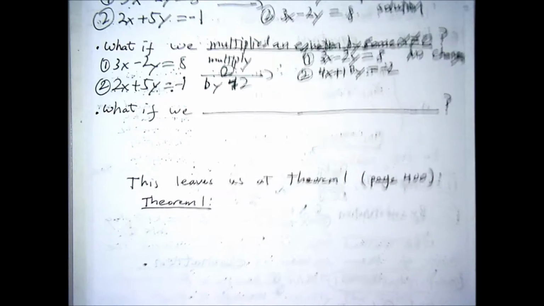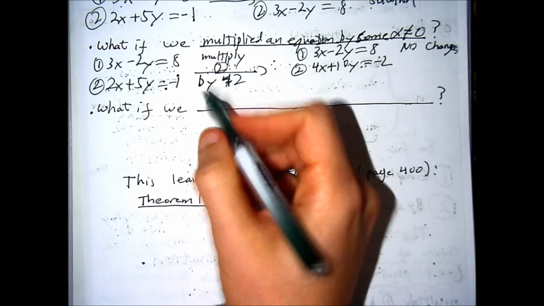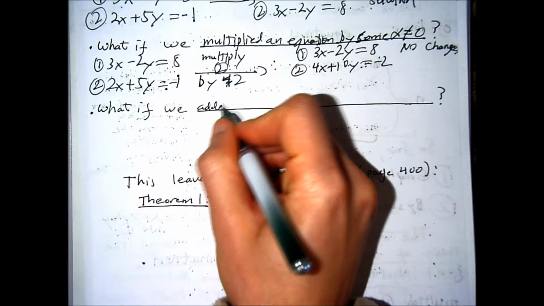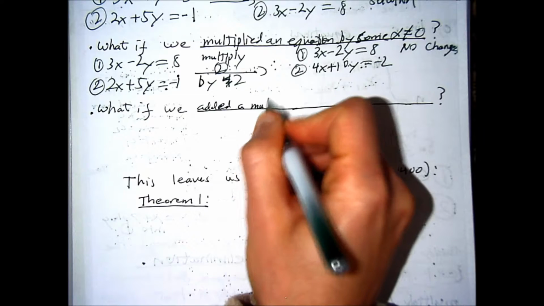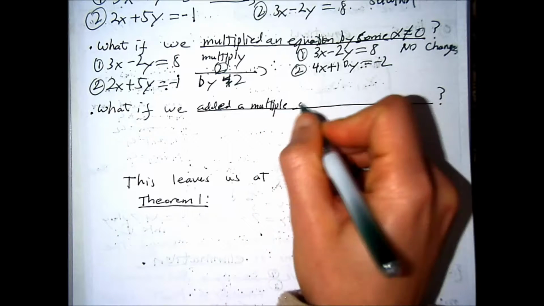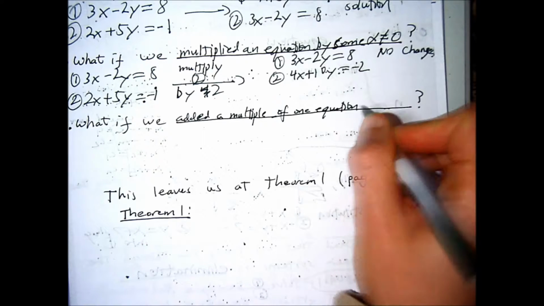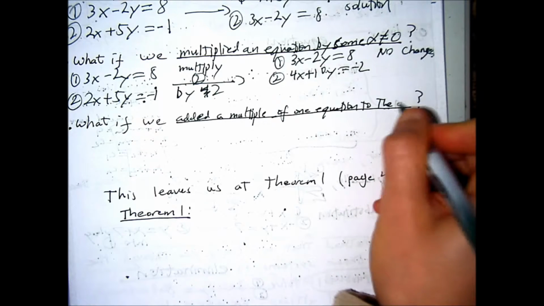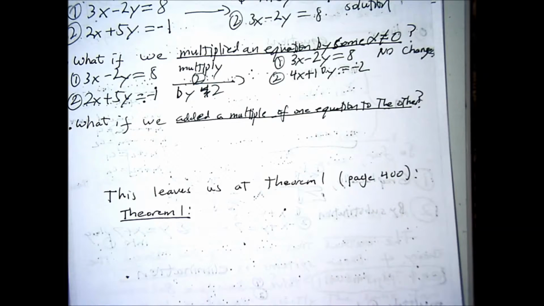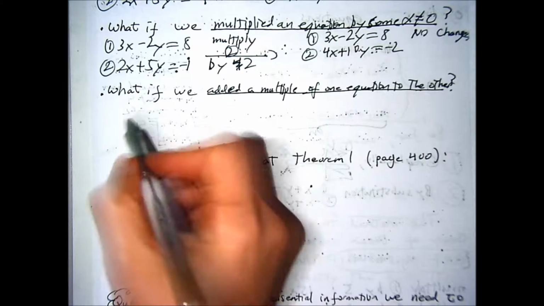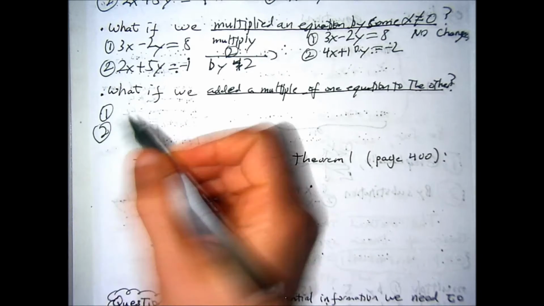All right. What if we added a multiple of one equation to the other? Which is really what we did. I can take equation 1 and equation 2.